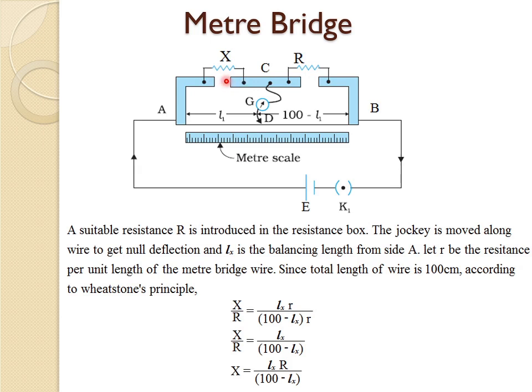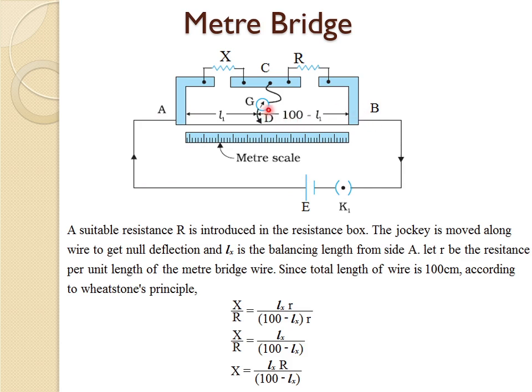Now a resistance box, capital R, and the given resistance wire X are connected in the gaps. Here X is connected in the left side gap, and the resistance box R is connected in the right side gap. And a cell of EMF E is connected between A and B along with a key.